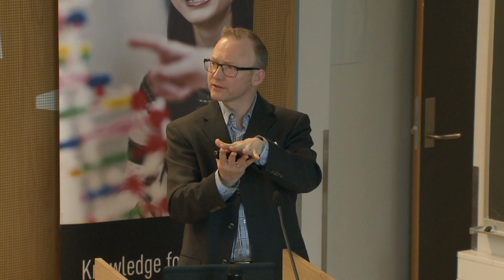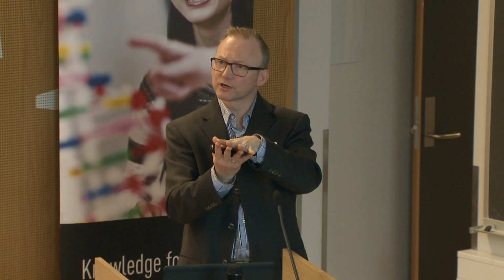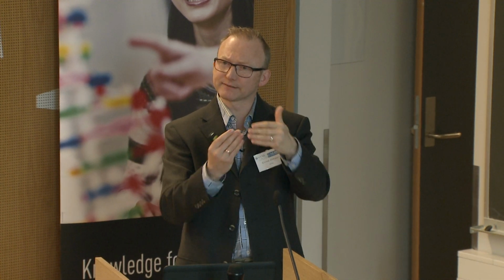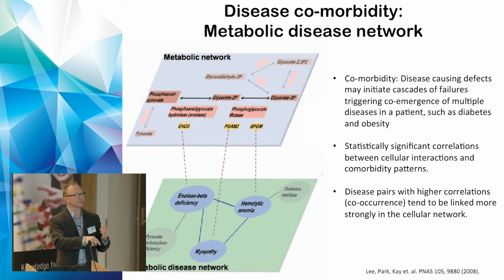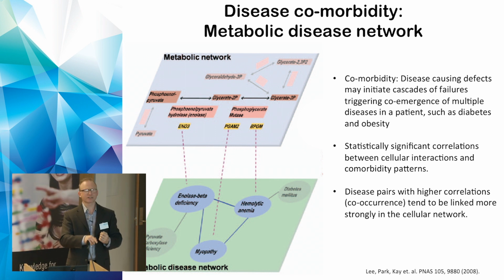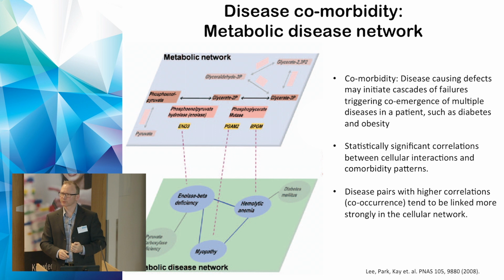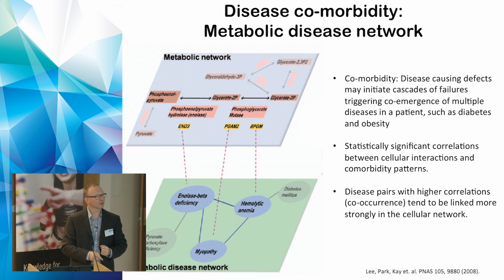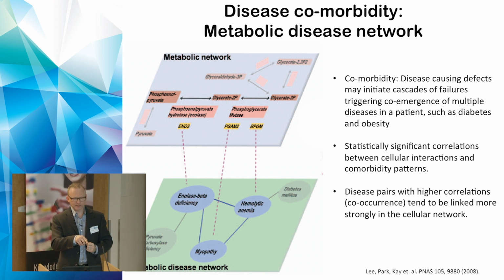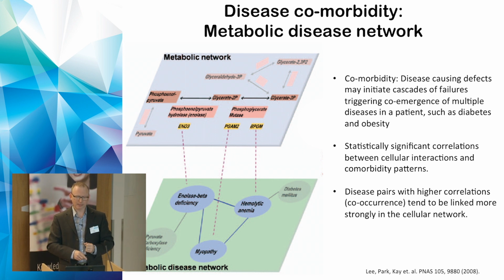So you can think of it as two different networks, a biochemical network and this sort of artificial disease network. And you can smash it together and start looking at what traits we see. Can we relate what we see of interactions in the disease network to connections in the biochemical network underlying the activity in each cell? And we do find statistically significant correlations between cellular interactions and comorbidity patterns.